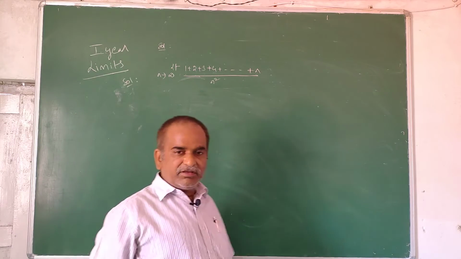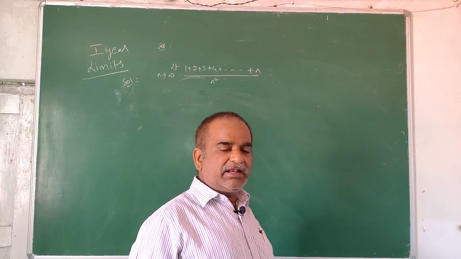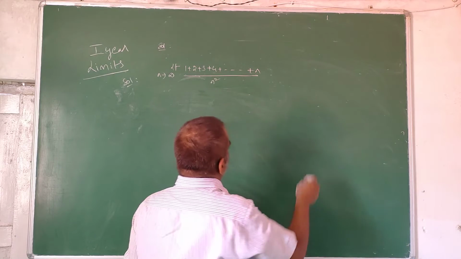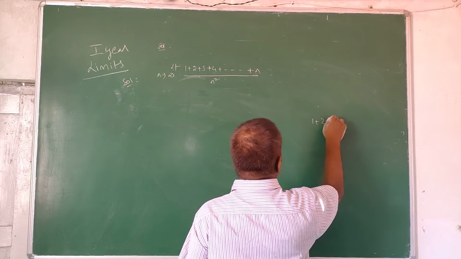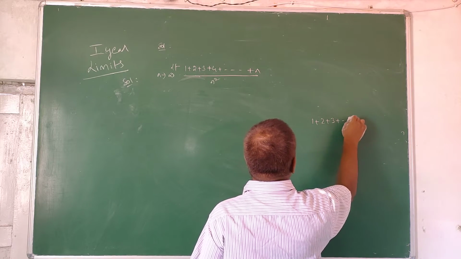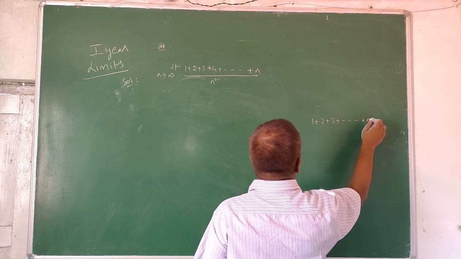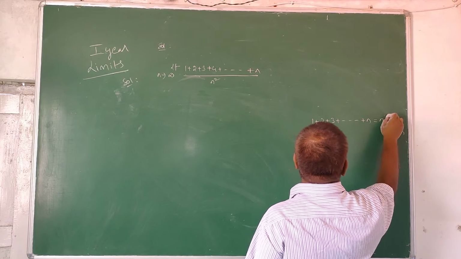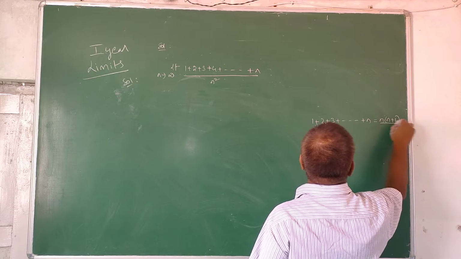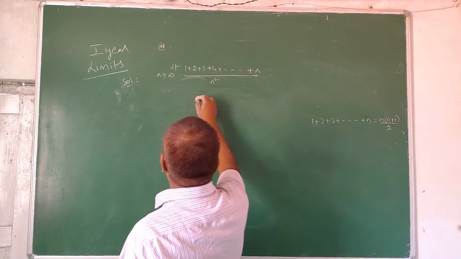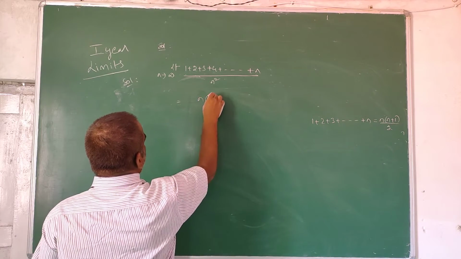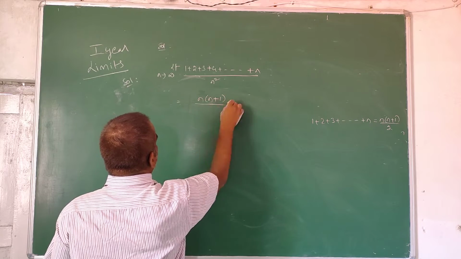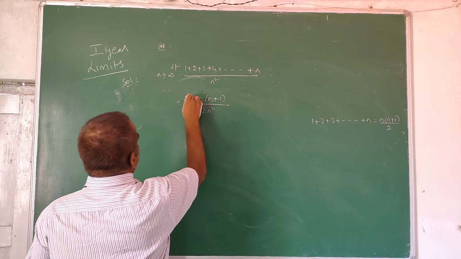So we have learned in early classes that 1 plus 2 plus 3 plus so on plus n, the sum of the first n natural numbers, is equal to n into (n plus 1) by 2. So this is equal to n(n plus 1) by 2n square.